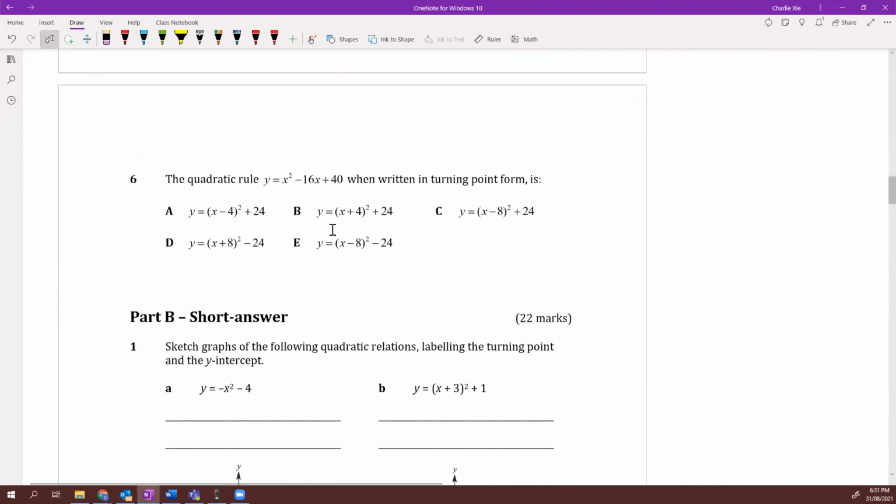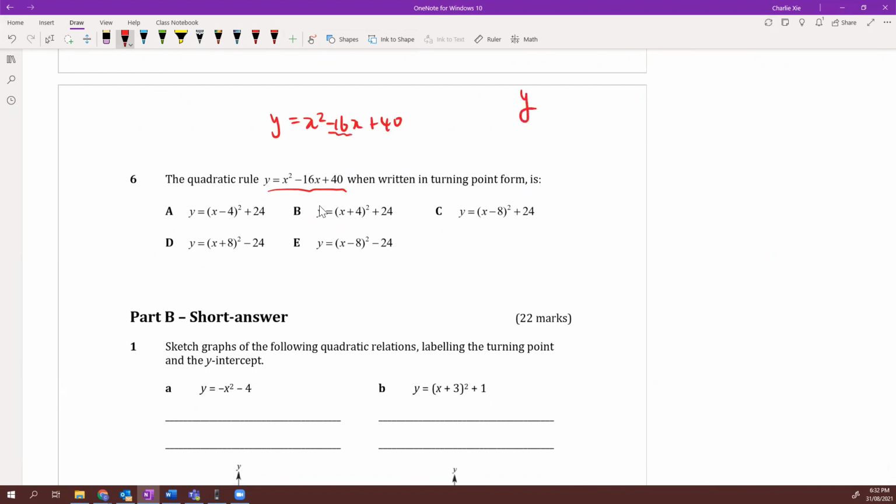And then question 6, the quadratic rule y equals x squared minus 16x plus 40, write in turning point form. All right, to write this in turning point form, we need to complete the square. So y equals x squared minus 16x plus 40. To complete the square, we look at your b.